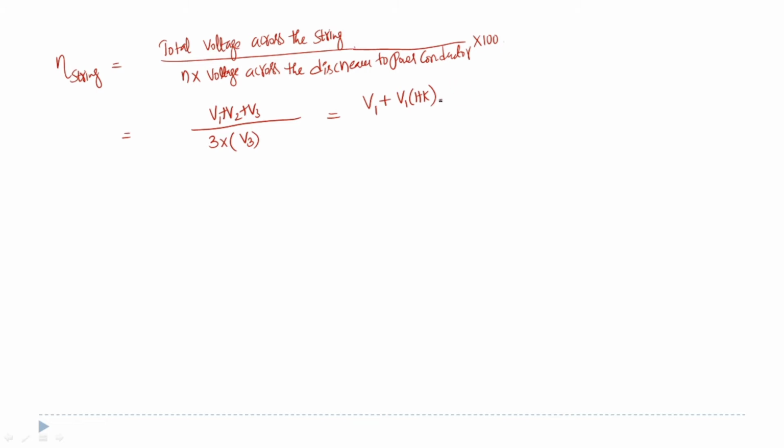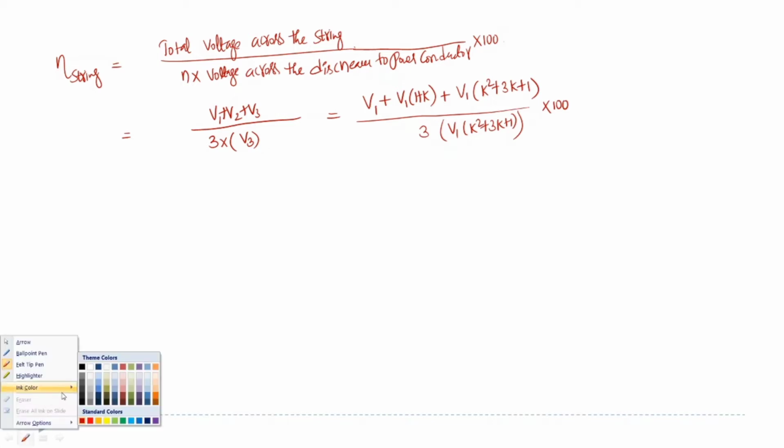So in place of V3, what can I write now? V1 into K square plus 3K plus 1. Total divided by 3 times V3, and V3 again means V1 into K square plus 3K plus 1, multiplied by 100. This is the string efficiency.